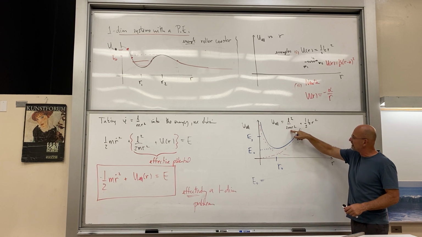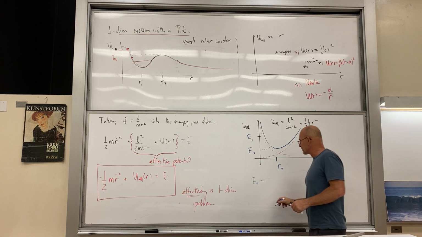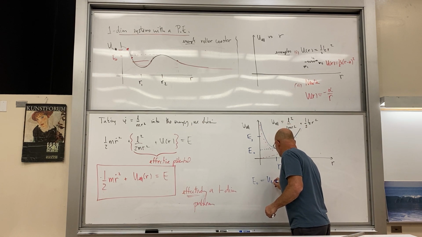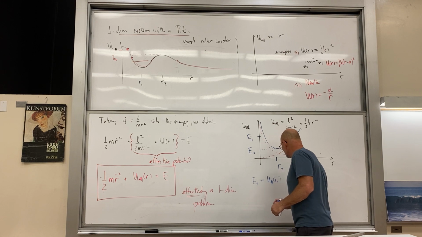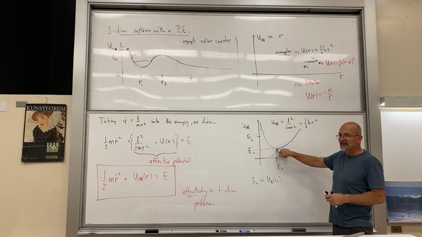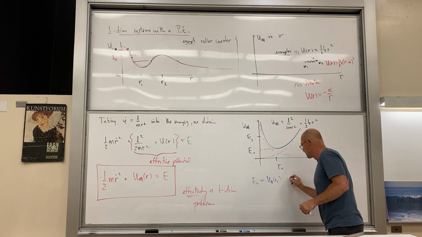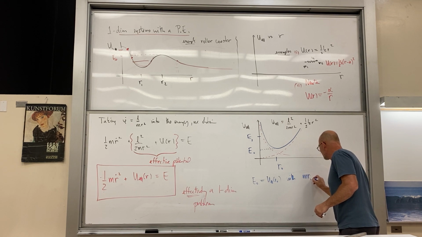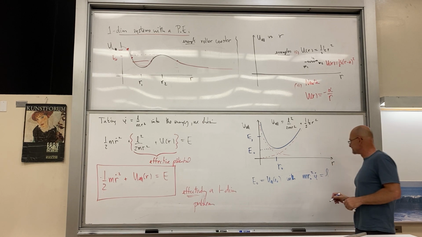So if you minimize this function here, it's equal to U effective of R sub 0, the minimum possible energy. But instead of just sitting there, m r sub 0 squared phi dot is equal to L.